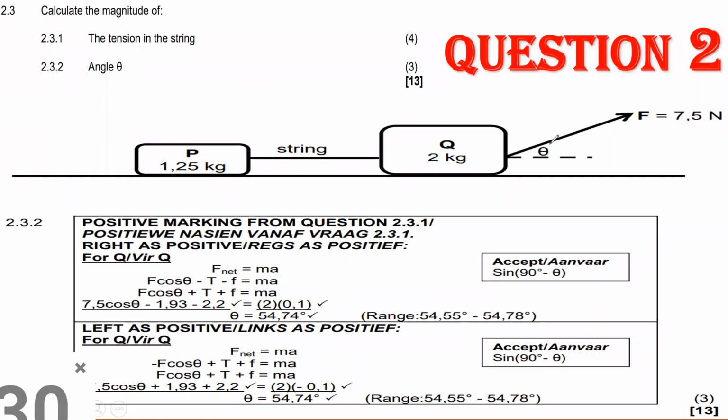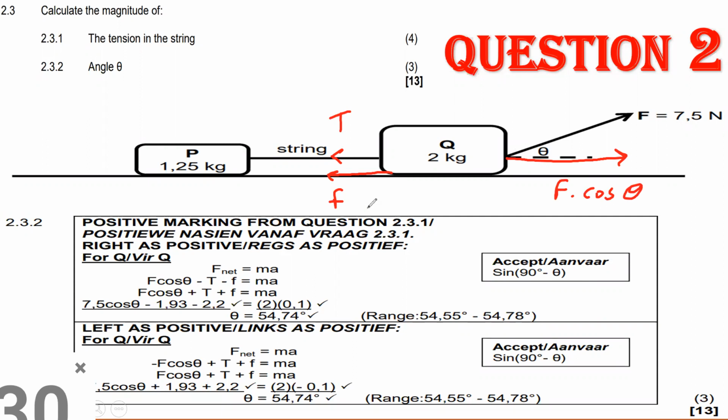So you are using this force first, F times cos angle here. And this side we have tension force. And what else do we have? Friction force this way. If you draw all forces on the object, it's easy to calculate.